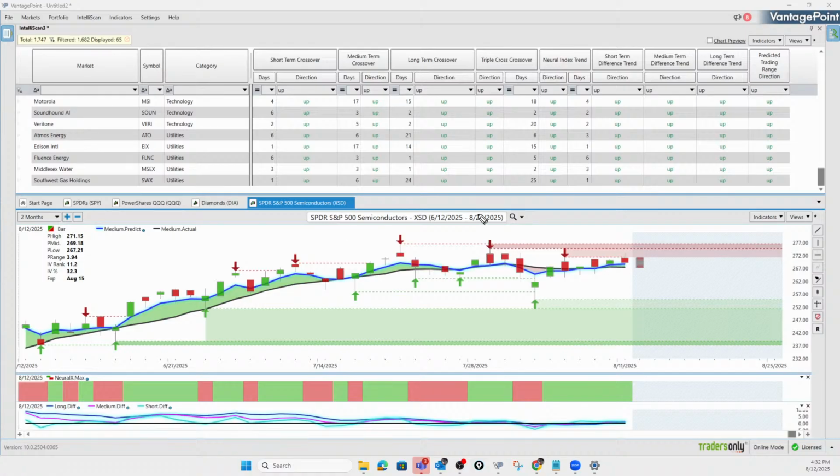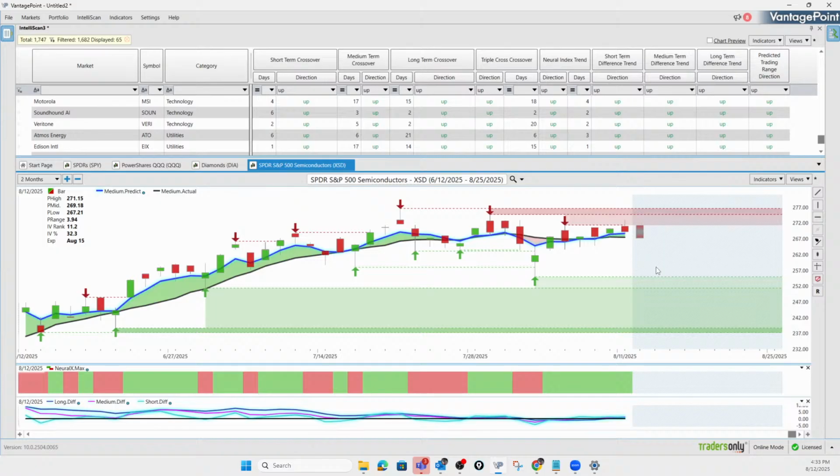We talk a lot about layered confirmation here at VantagePoint, because you really do want indicators that give you the most confidence, and these predictive indicators can certainly do that for you. But it's not just one indicator.